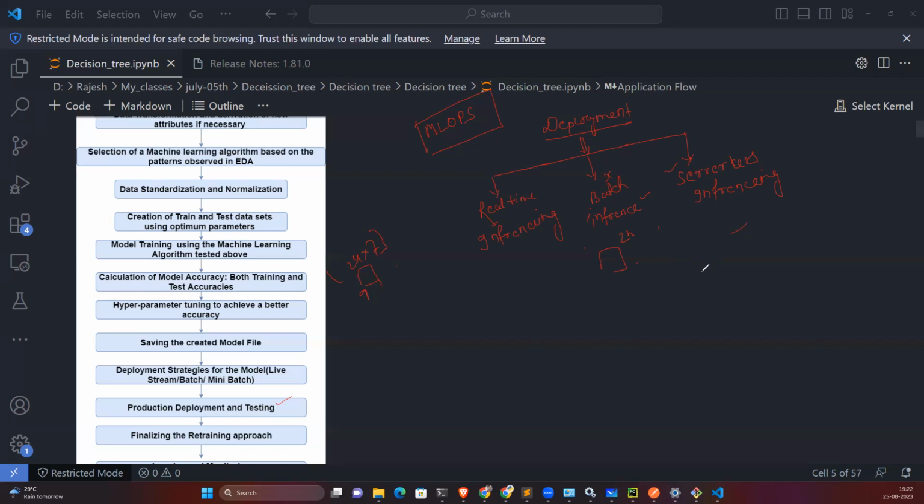I'm not keeping my machine up and running 24/7. Whenever a request comes to my inference endpoint, it will find any machine in the cloud. It's not a dedicated machine, it's a shared machine, which means anyone can use it.